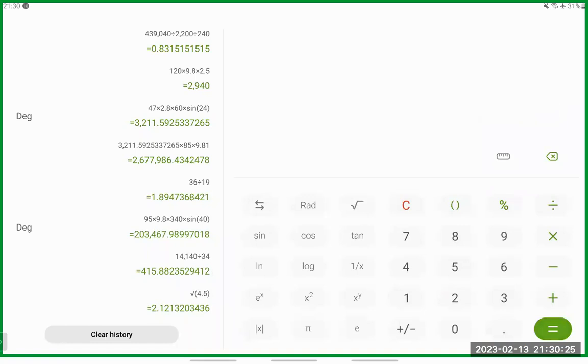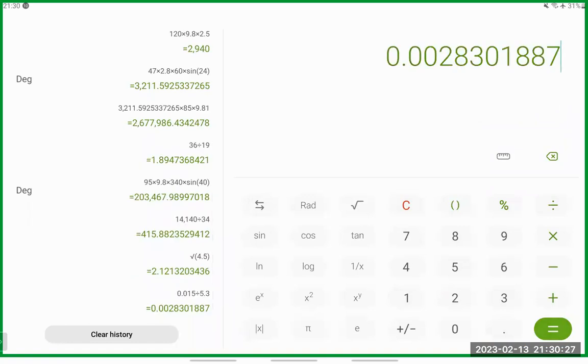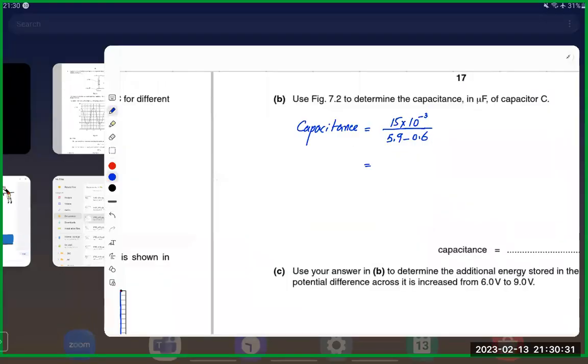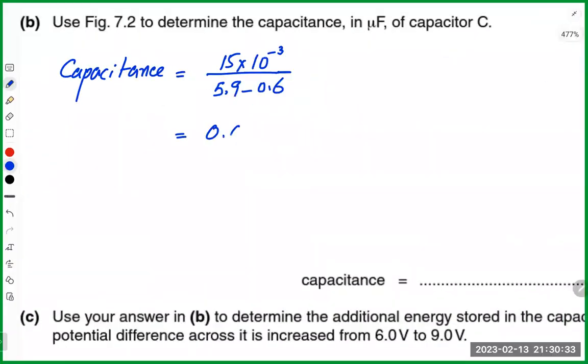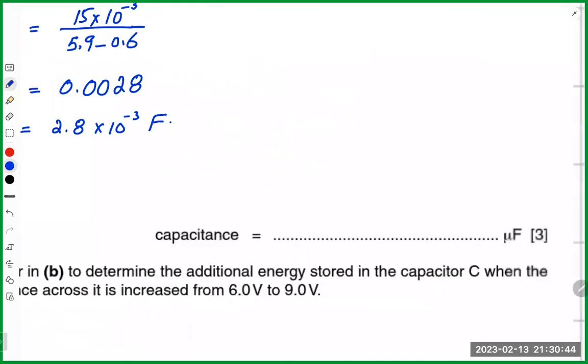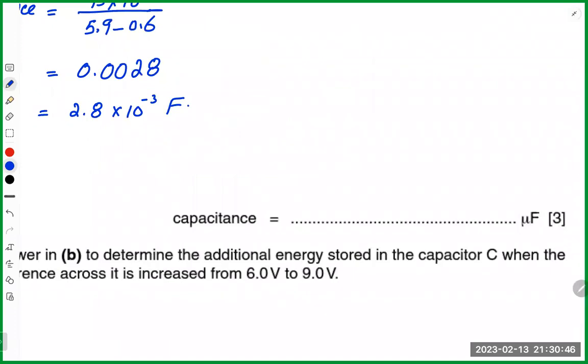So it will be 0.0028. So it will be 2.8 into 10 to the power minus 3 farad. Oh, he is asking for it to be in microfarad.